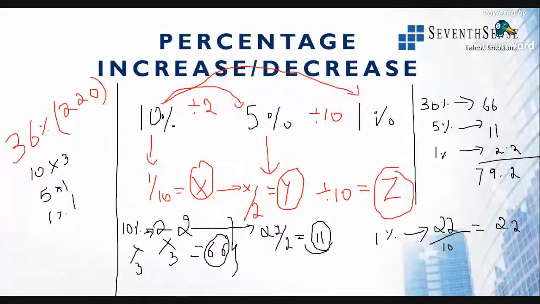So the answer is 79.2. So 36% of 220 is 79.2. This is just an explanation. Don't worry, don't think that it is very big and you cannot follow it. This is very, very simple, and you can easily approach whatever values are given.